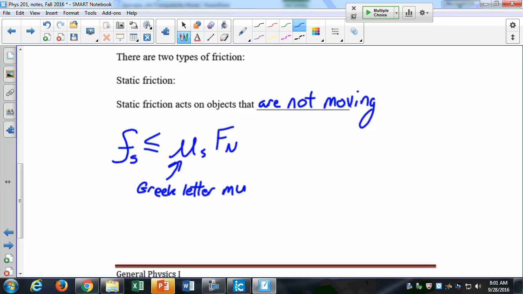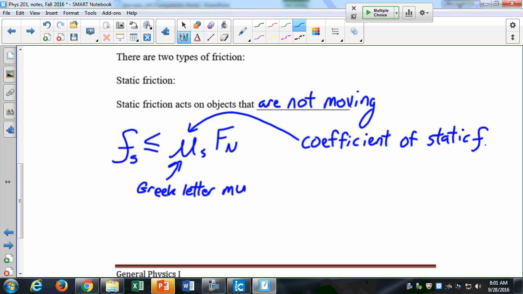And then this, gosh, what is this force? This is our normal force. So our static friction is equal to the coefficient of static friction times the normal force.